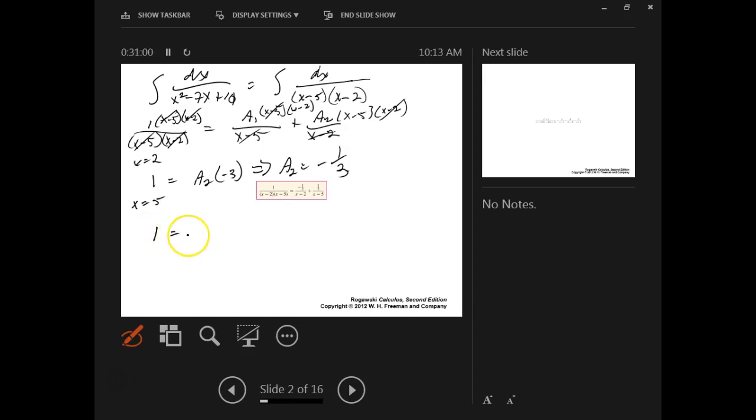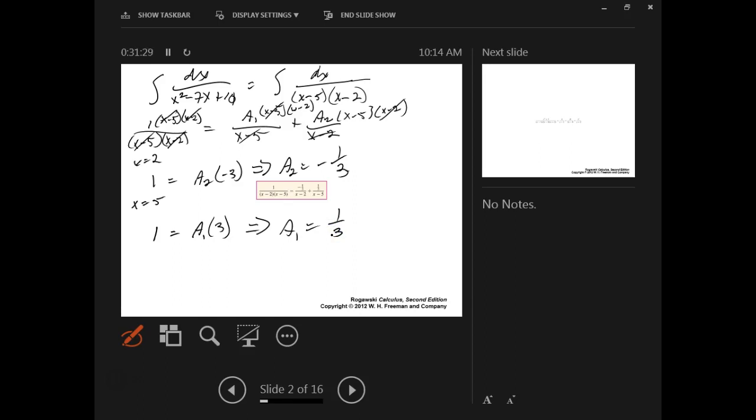It's not affected by x, okay? And the right-hand side becomes? A1 times 3, okay. And then the second term goes to 0. So that's A1 times 3 equals 1, which implies that A1 is equal to 1/3.